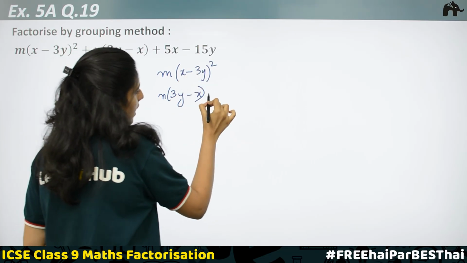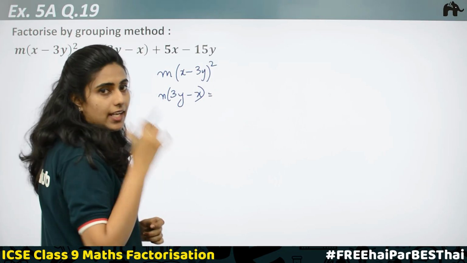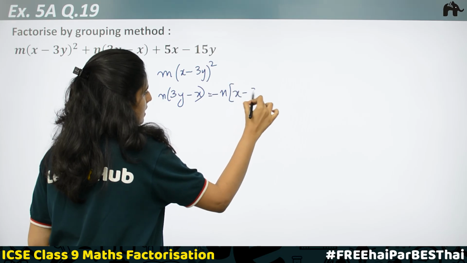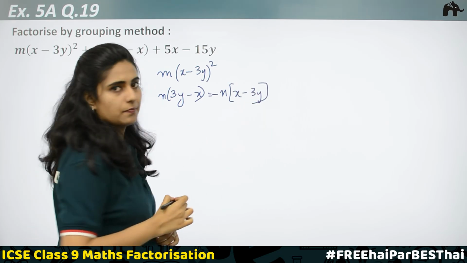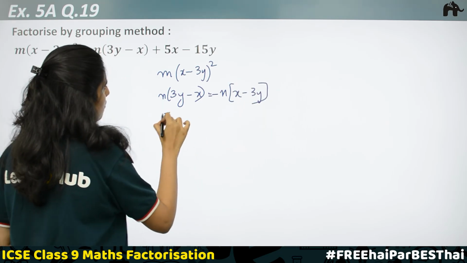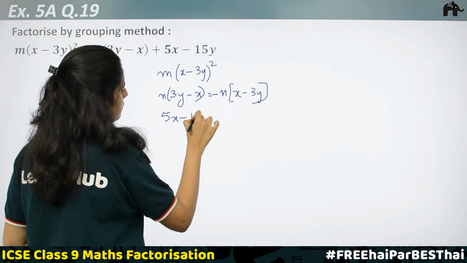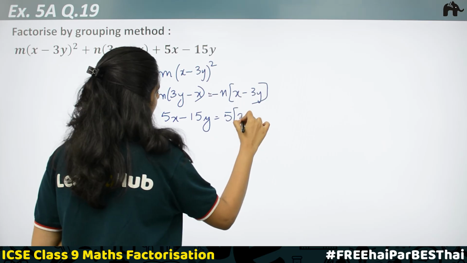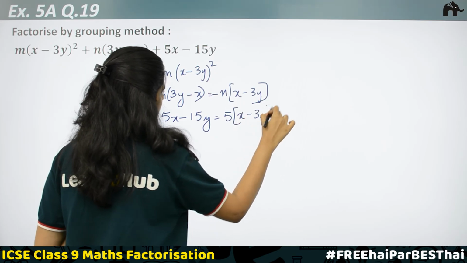So here to get x - 3y, I am taking out a negative sign, so -n(x - 3y). Now the third term 5x - 15y. What is common? 5 is common, taking out 5, (x - 3y).